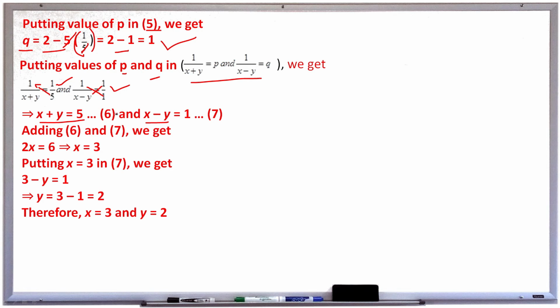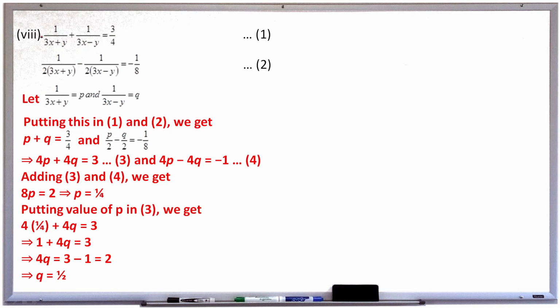Just adding these two equations, 5 and 6, y will get cancelled, minus y plus y will get cancelled, x plus x will become 2x, 5 plus 1 will become 6, 2x is equal to 6, so x is equal to 3. Putting x is equal to 3 in equation number 7, we will get the value of y. So x is equal to 3 and y is equal to 2 in this seventh one.